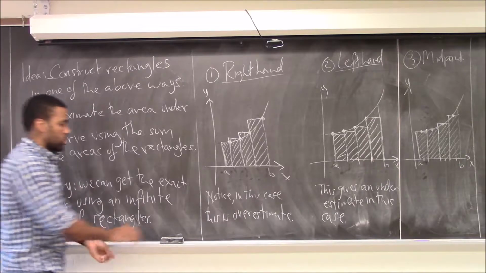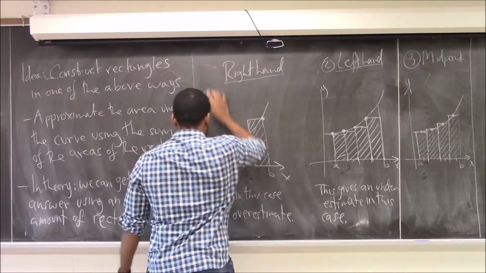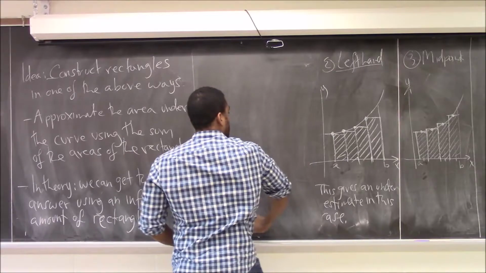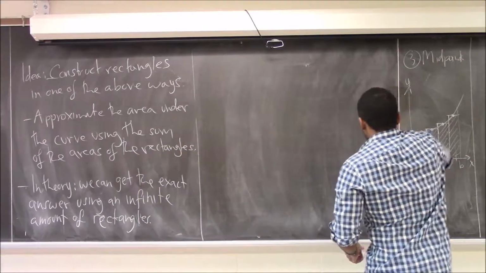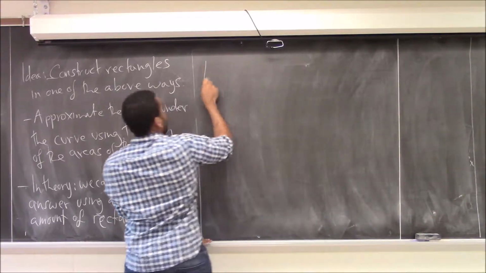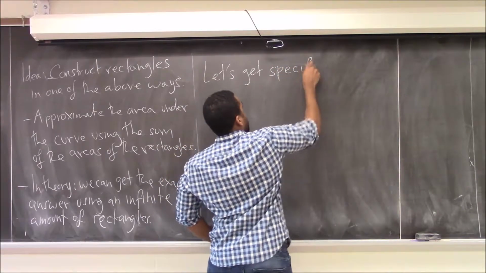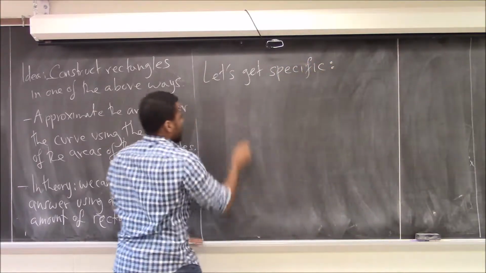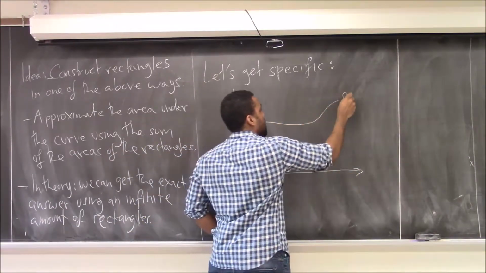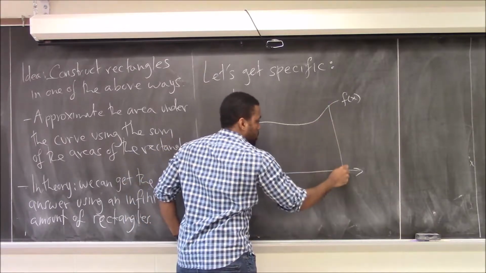So I want to make it a bit more specific. I'm going to introduce some notation. Given this random curve f of x, I have a first point and a last point.